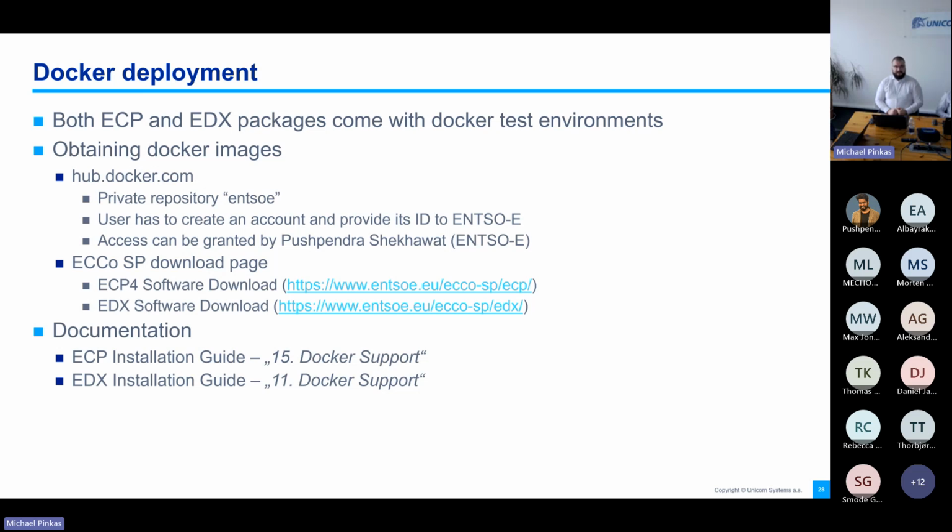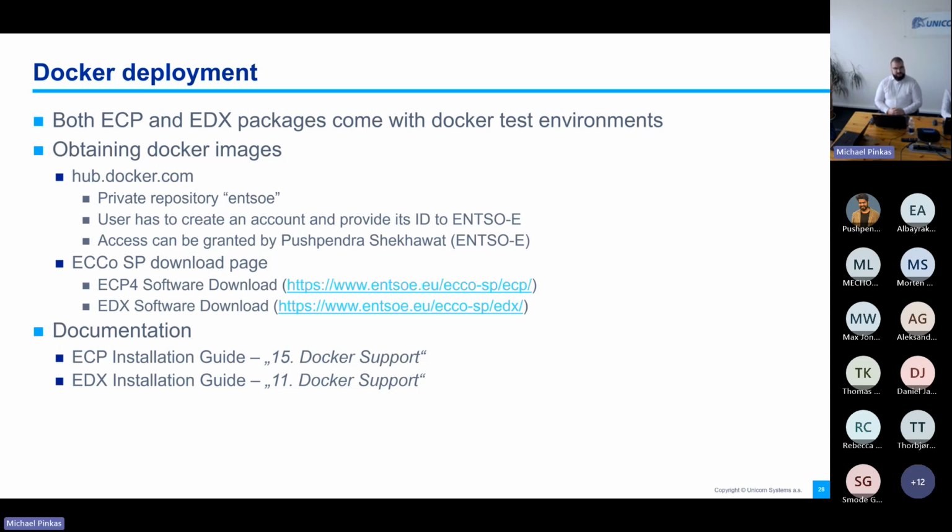And there are 2 ways of obtaining the Docker images. The first one is using the Docker Hub repository, which is private. You need to ask ENTSO-E for access, etc. That's the way you already know, and the way that has been used for the past, I guess, few years.